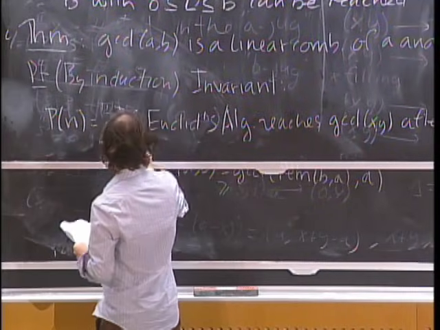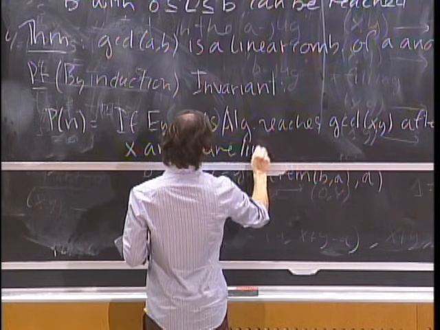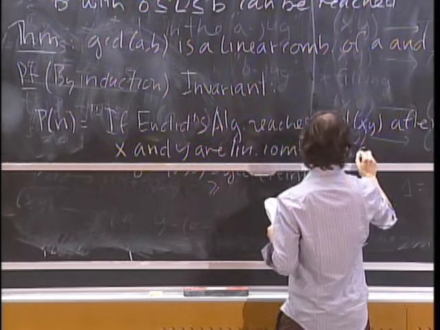So then x and y are linear combinations of a and b.